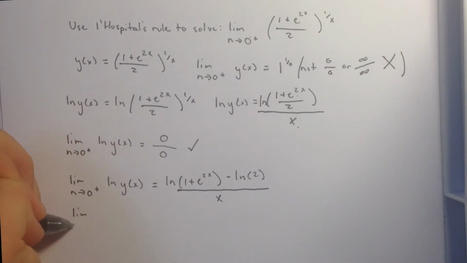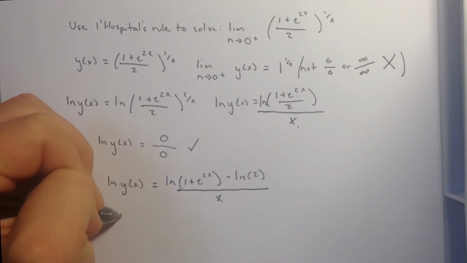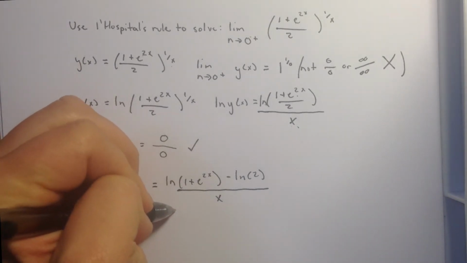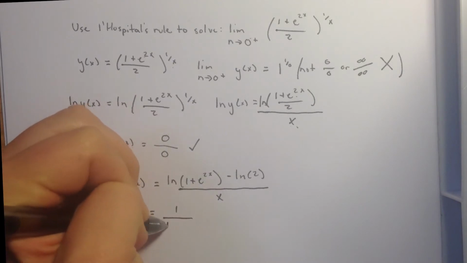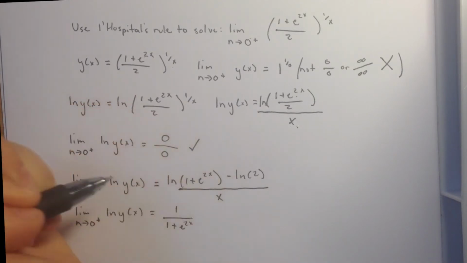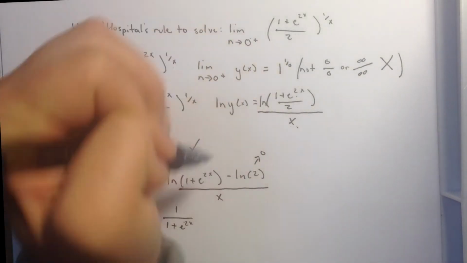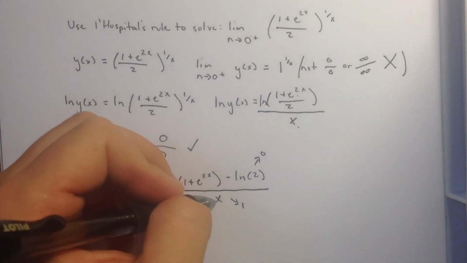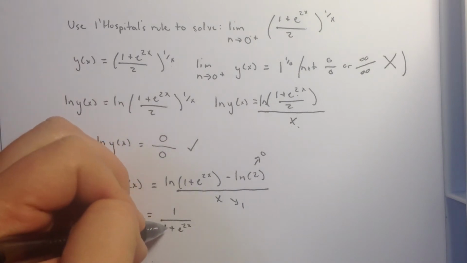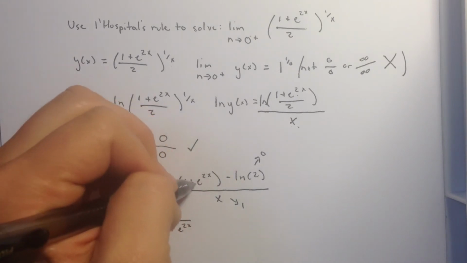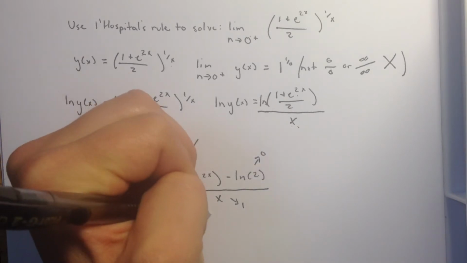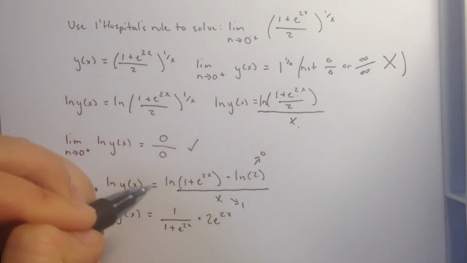The limit as x approaches 0 positive of ln of y of x equals 1 over (1 plus e to the power of 2x). Remember, this goes to 0 and this goes to 1 down here, so neither of those two are going to carry through to here. And we also have to take the derivative of this inside part, so multiplied by 2e to the power of 2x.